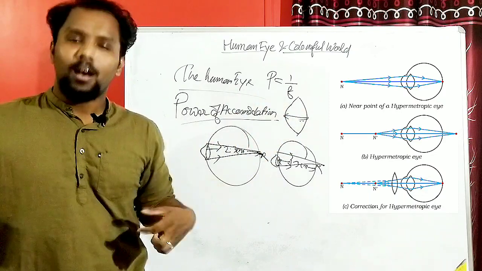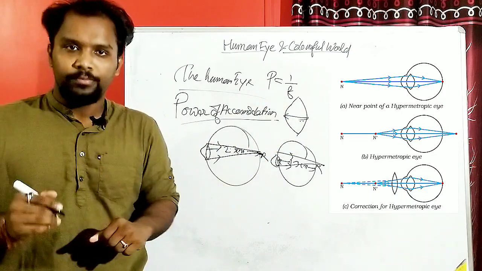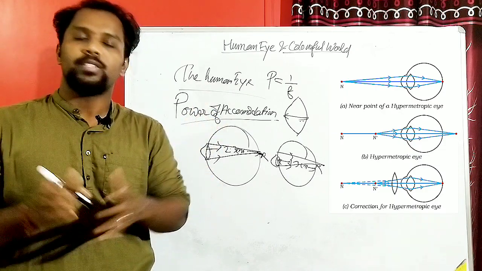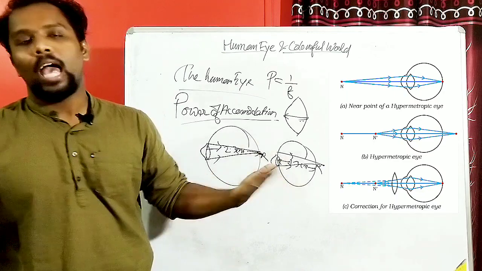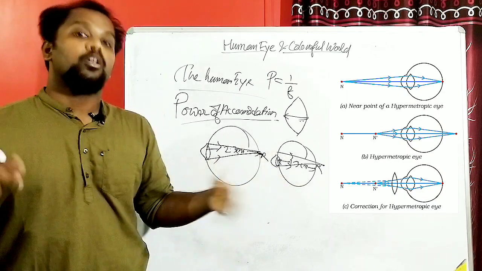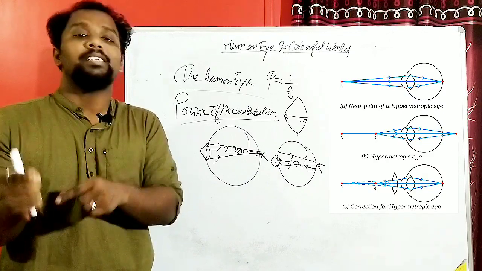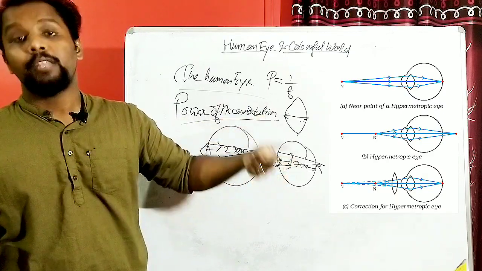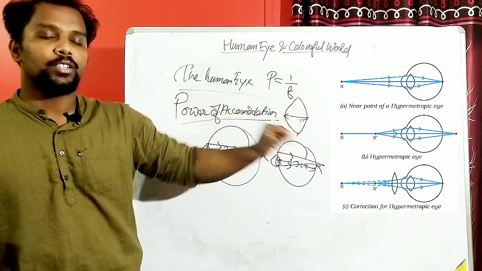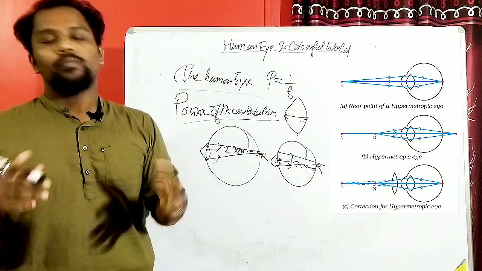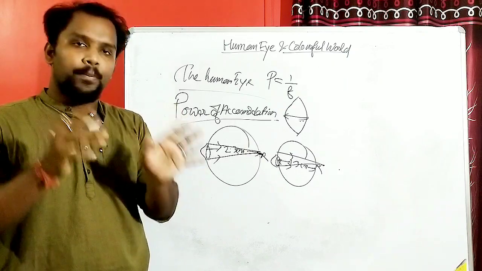That's how a hypermetropic eye can be cured using a proper convex lens having proper power to converge the rays, right? And in case of the myopic eye, we also got that we have to use a proper concave lens having proper power to diverge the rays to our inbuilt convex lens, then it is going to converge to the certain point. Simple fact, you have understood, right? So these are the main effects of the hypermetropic and myopic eye.